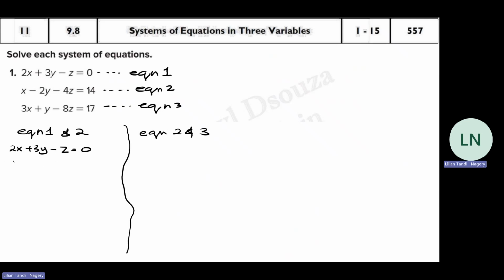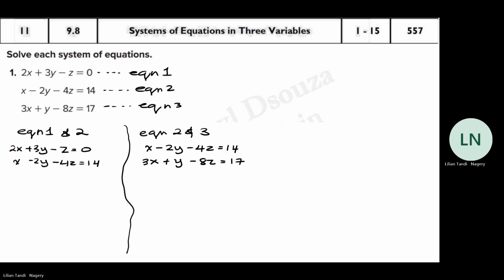Here you have x minus 2y minus 4z equals 14, and equation 2, x minus 2y minus 4z equals 14. 3x plus y minus 8z equals 17. So I'm going to eliminate x. I write it over there so I know that x is the one I need to fix.